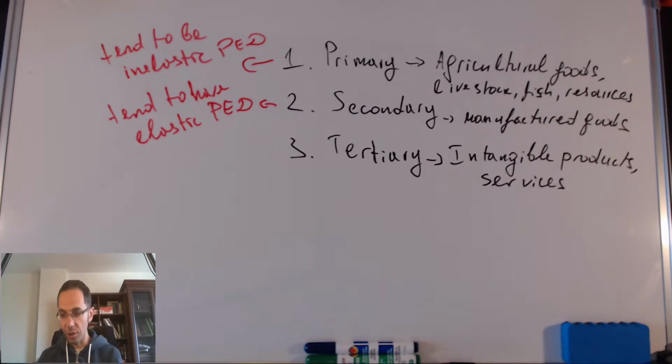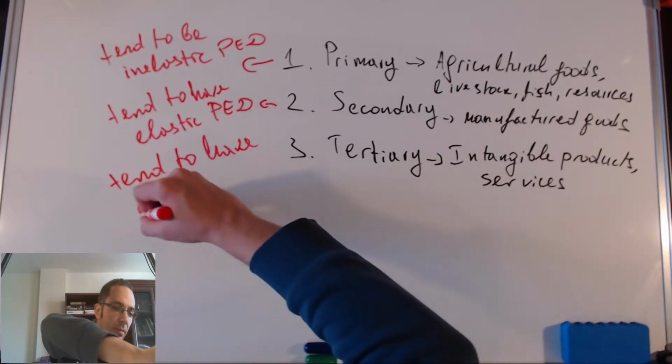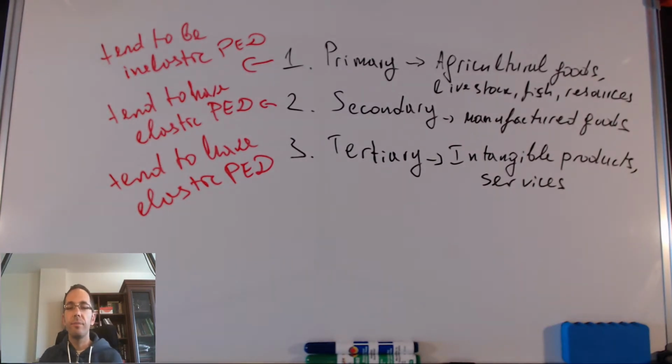Finally, we can look at tertiary commodities, and these once again tend to have elastic price elasticity of demand. And they have elastic price elasticity of demand precisely because when you look at the services sectors, usually there is a lot of competition, and that competition leads to many available and similar items. So a lot of substitutes will be available on the market.